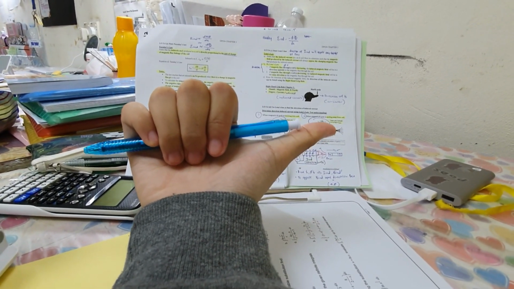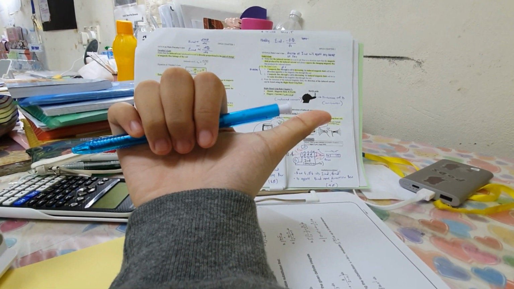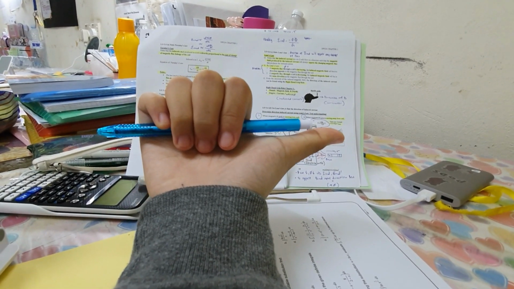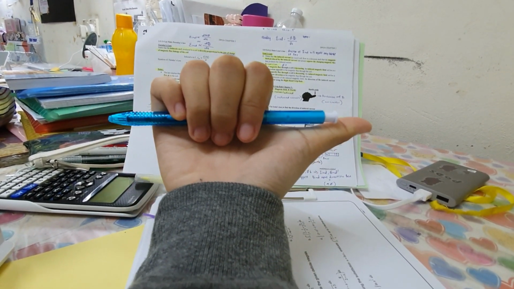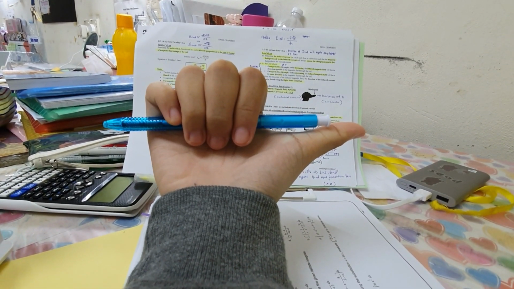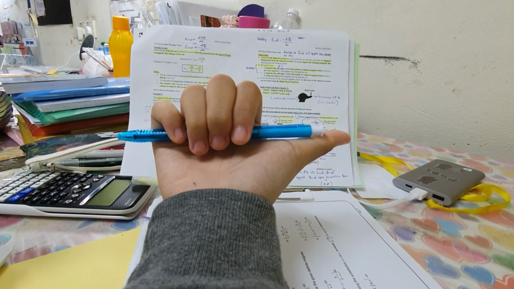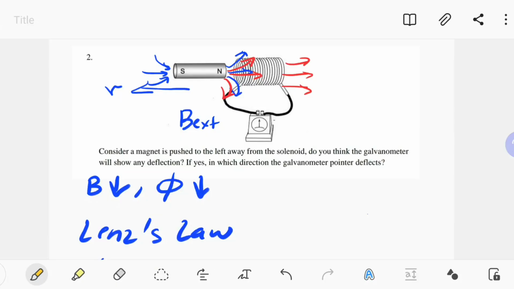In the diagram, I've drawn that the induced magnetic field is in the same direction as the external magnetic field. So when the magnetic field goes to the right, the induced current will go downward. So from what I've shown, the current direction is going downward.